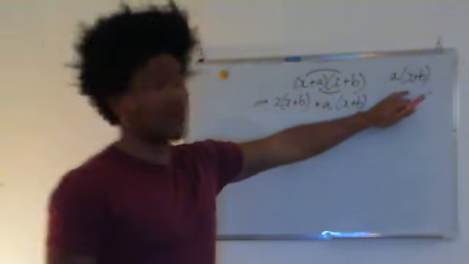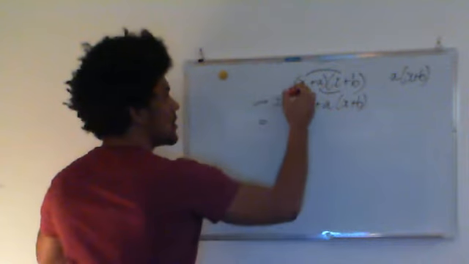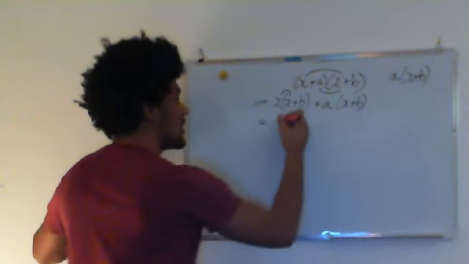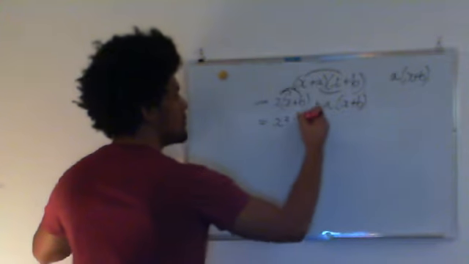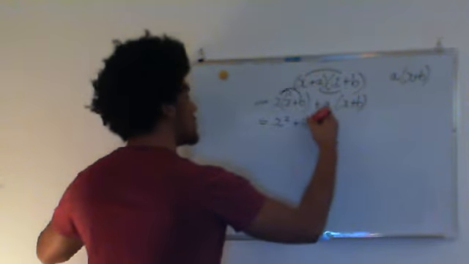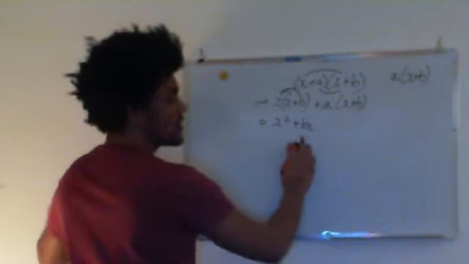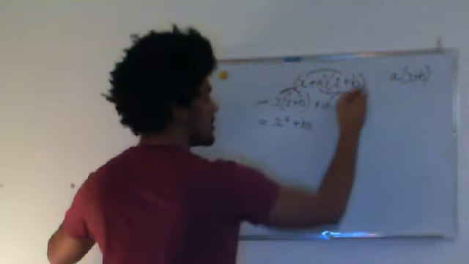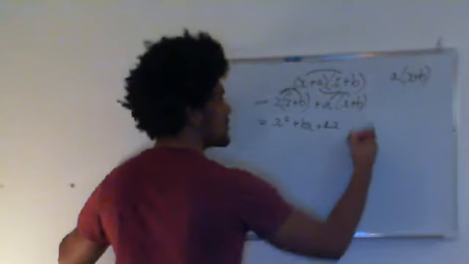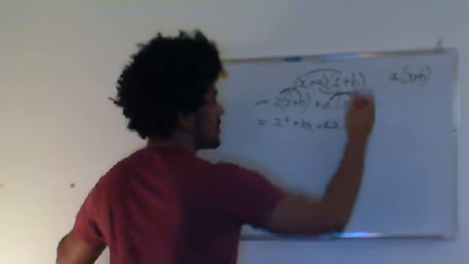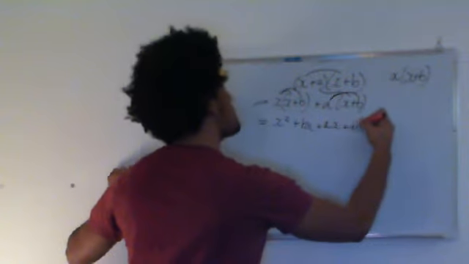And from part 1 we already know how to deal with these. So we multiply x by x, which is going to give you x squared, plus x times b, which gives you xb, and then you multiply a times x, which gives you ax, and a times b, which gives ab.